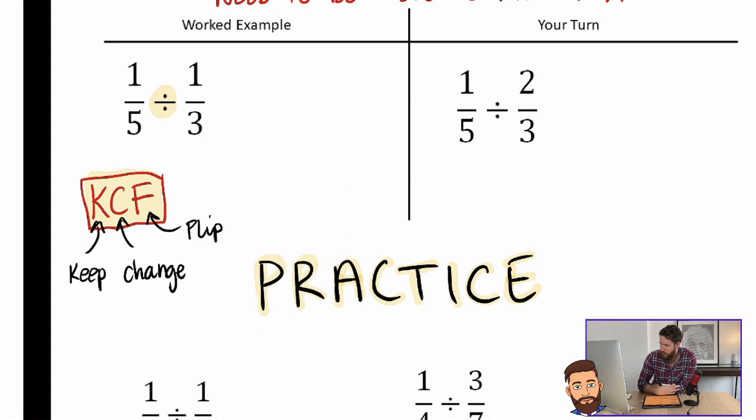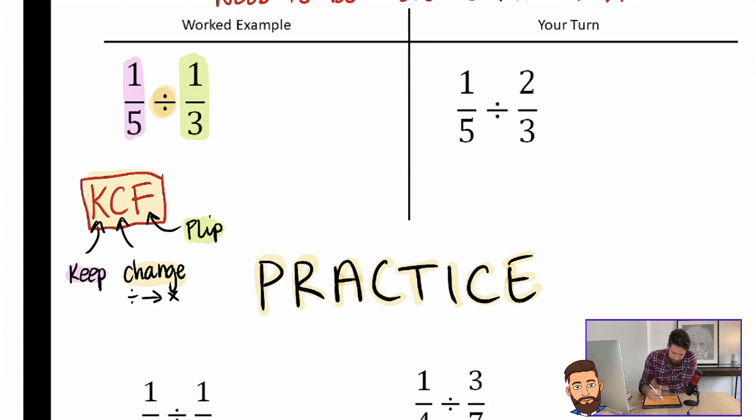It means you keep the first fraction, you change the sign, and you change it from a divide to a times, and you flip the last fraction. So you're going to flip, which remember yesterday we spoke about the reciprocal. You're going to do the reciprocal, you're going to flip the last fraction.